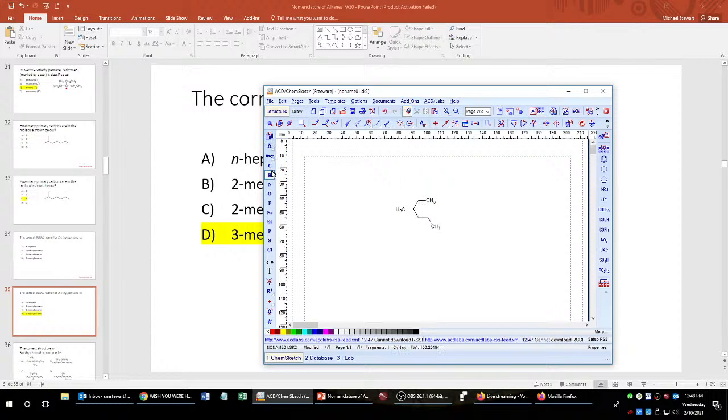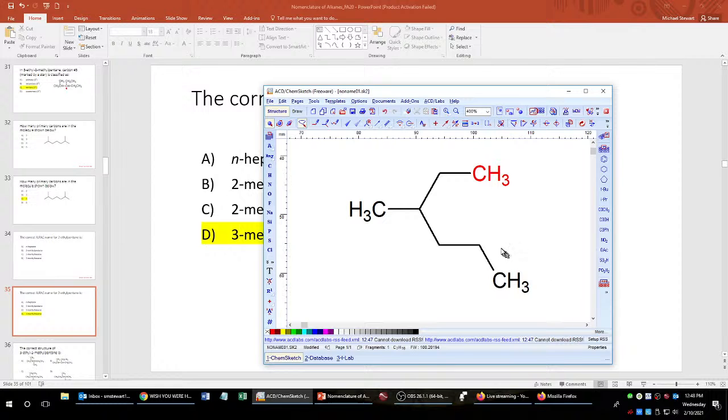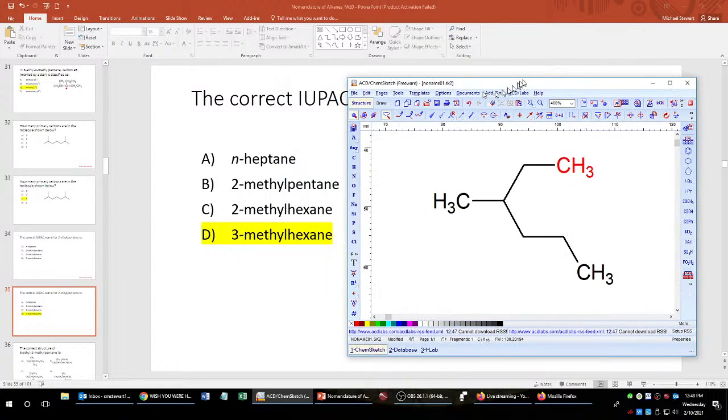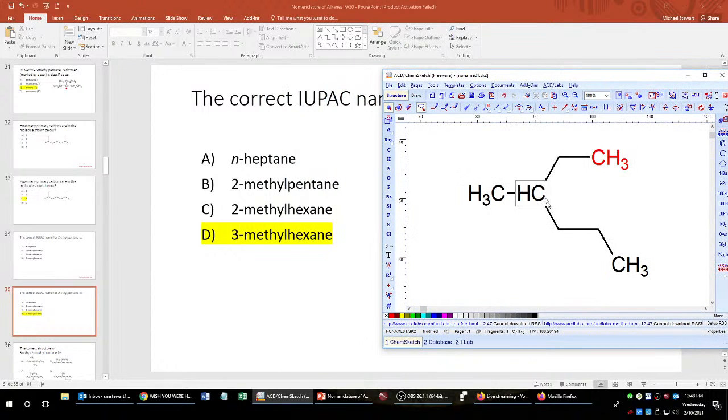As they have it drawn, this is our ethyl branch. Here's our pentane, but clearly it's not the longest chain. So if we redraw this, we get 1, 2, 3, 4, 5, 6 carbons as the longest chain.